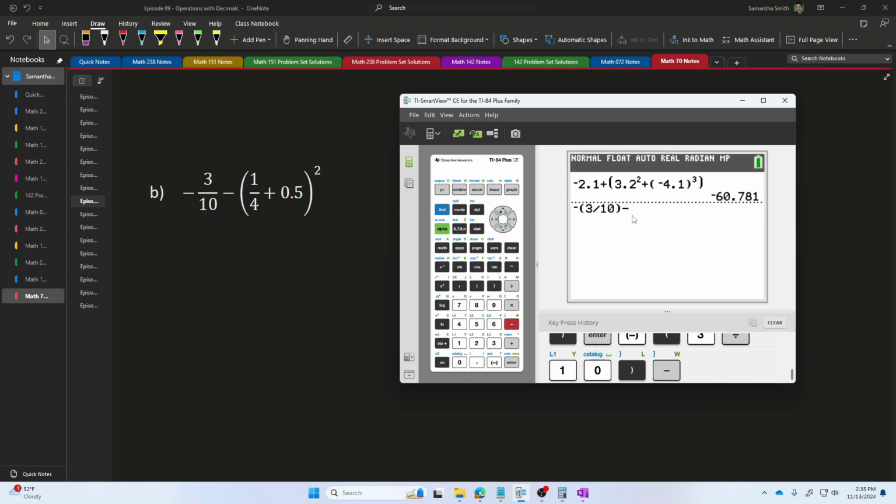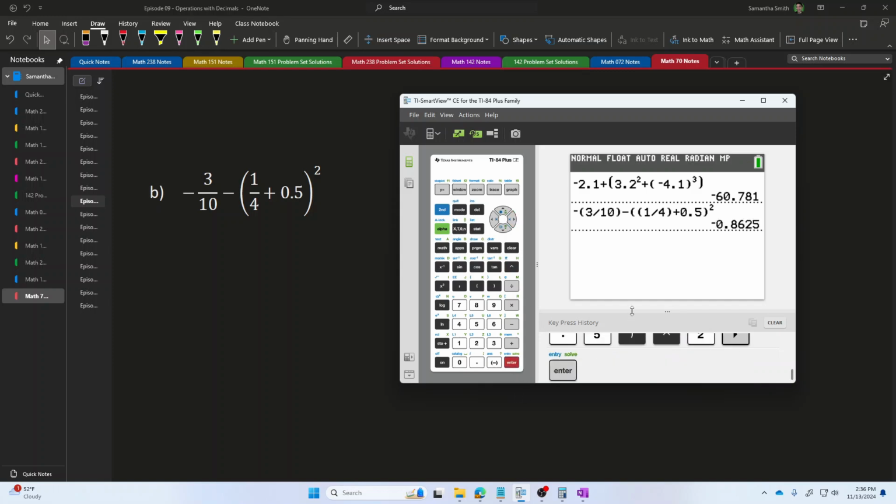So I'll use the subtraction sign, parentheses, and then I'm going to type in the fraction 1 over 4, and I'm going to put that in parentheses of its own. 1/4 gets combined with 0.5, and then I'm going to close those parentheses. I'm going to raise that to the power 2. Now, if I calculate that, I get an answer of negative 0.8625.